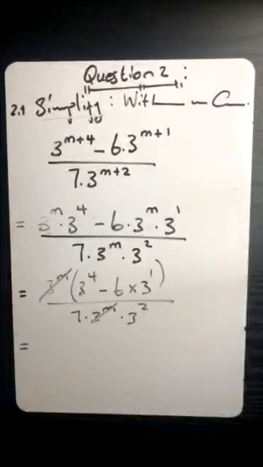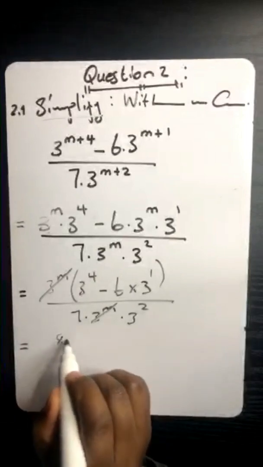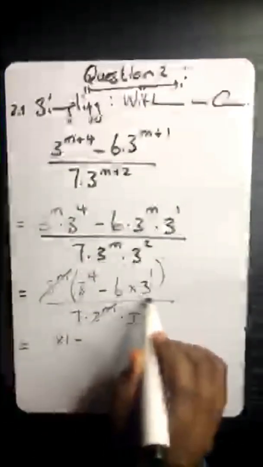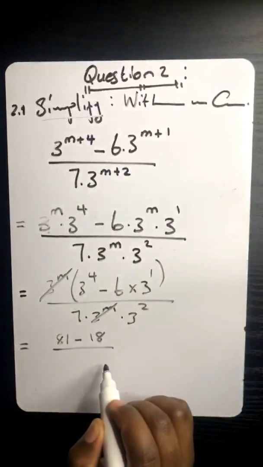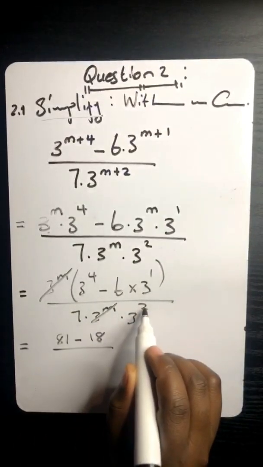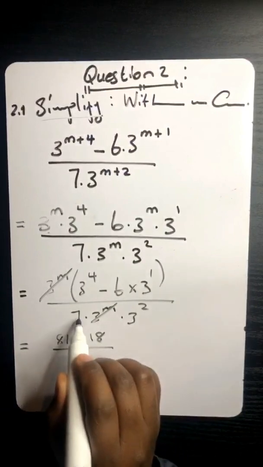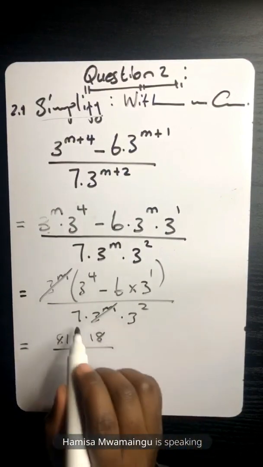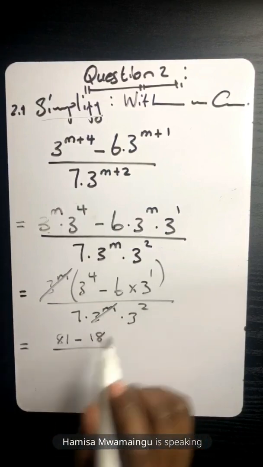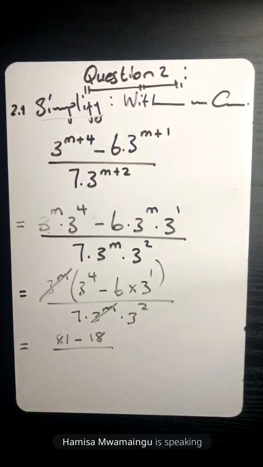Someone says it's 81. What is that times that? I think this one is 18. This one is 9. Then 9 times that, what is it? It's 63.